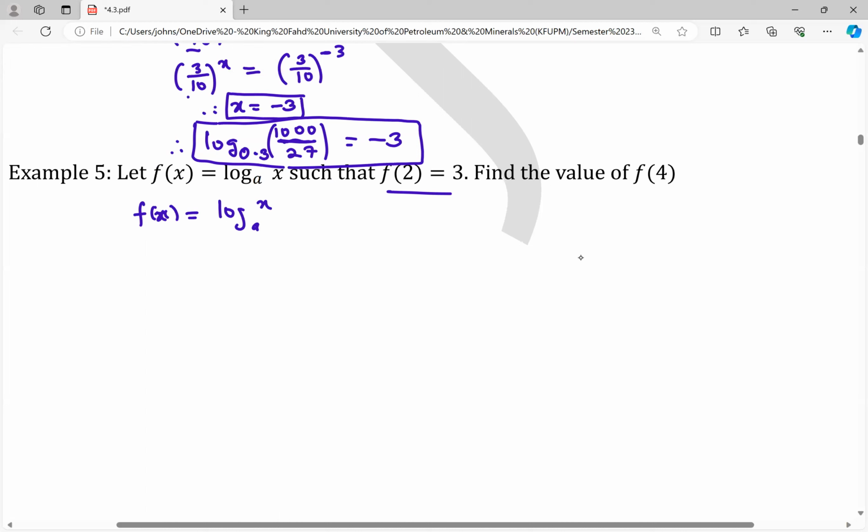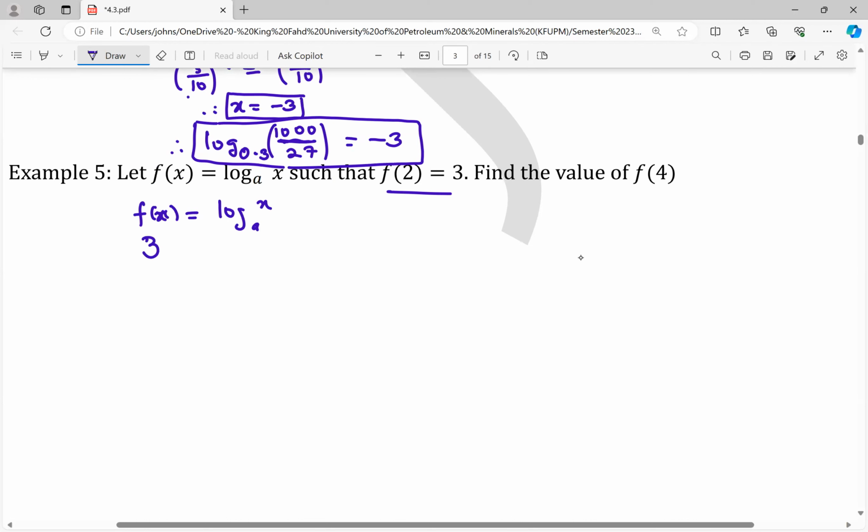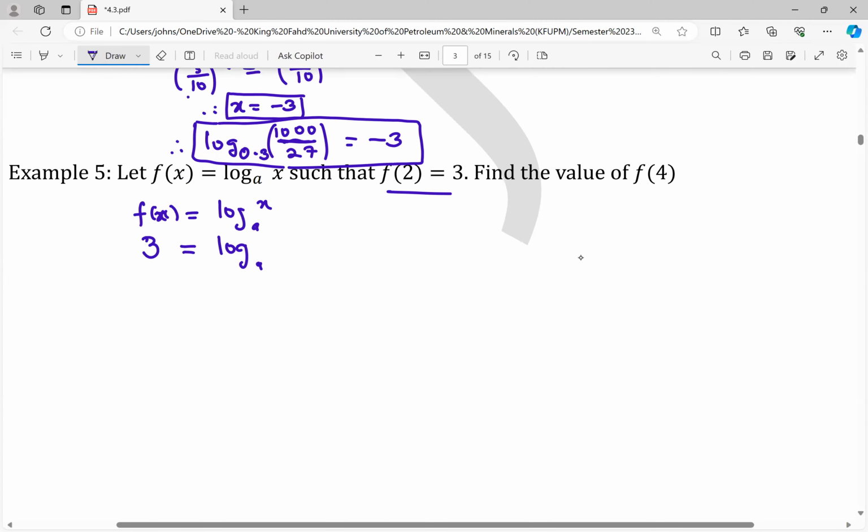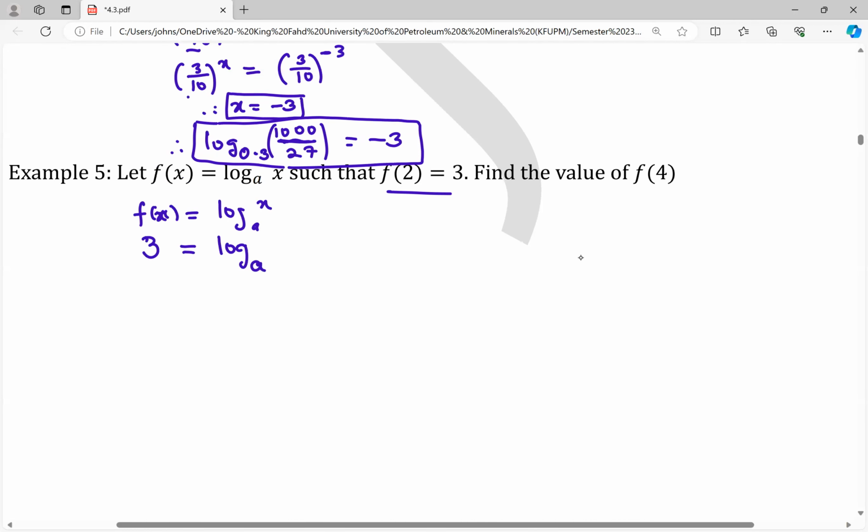So it means that 3 is going to be log to base a of what? Of 2. You see? So what have we used here? We have used this point.